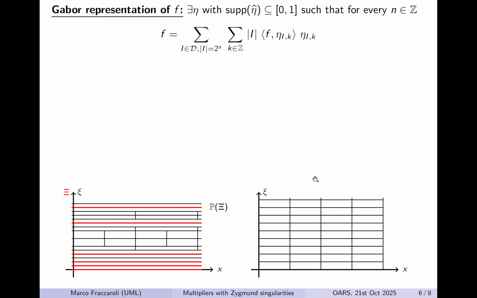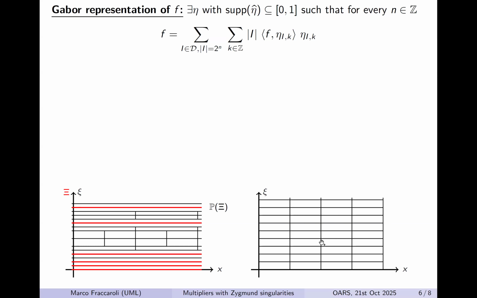The next is the decomposition of the function, which again goes through certain tiles, but now the tiles are going to have a fixed scale. You see here on the left we have tiles that are wide and short, and narrower and taller.